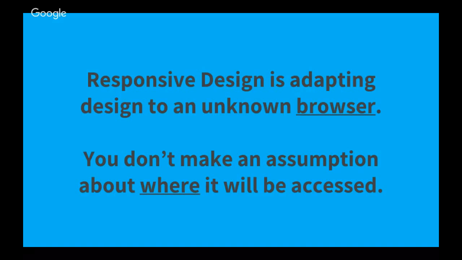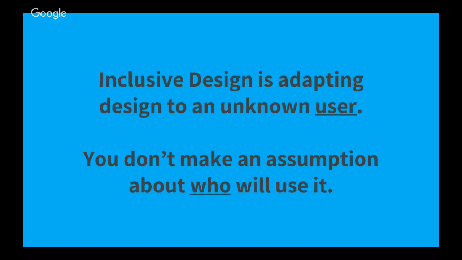Well, responsive design is adapting design to an unknown browser. You don't make an assumption about where it will be accessed. Inclusive design is adapting design to an unknown user. You don't make an assumption about who will be using it. So play to their strengths, these two methodologies working together cast the widest possible net for people. That's important because as more and more services necessary to living everyday life go online, it is vital to make sure everyone can use them.